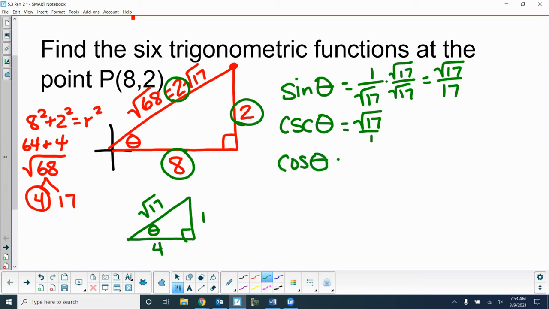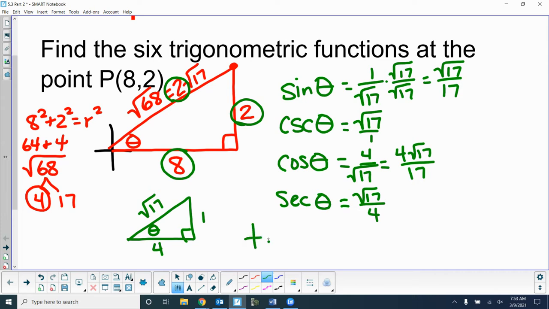Cosine of theta would be adjacent 4 over hypotenuse, the square root of 17. And when I rationalize, it's going to be 4 times the square root of 17 over 17. Because you're going to do what we did up above, right? This is called secant, so the square root of 17 over 4.